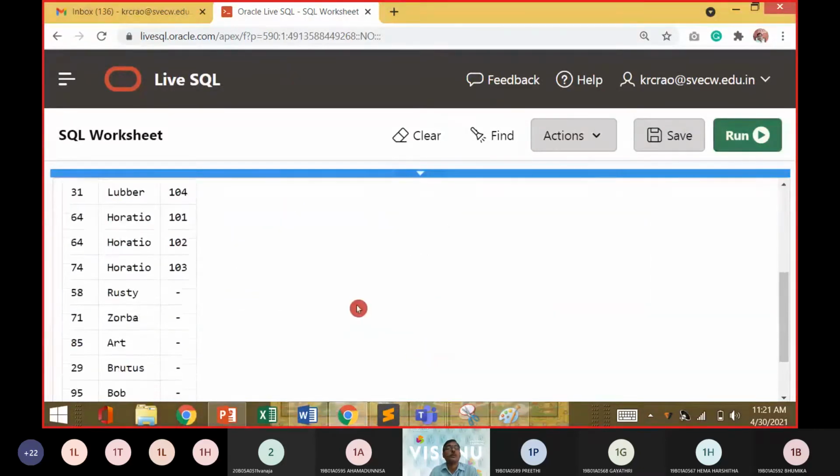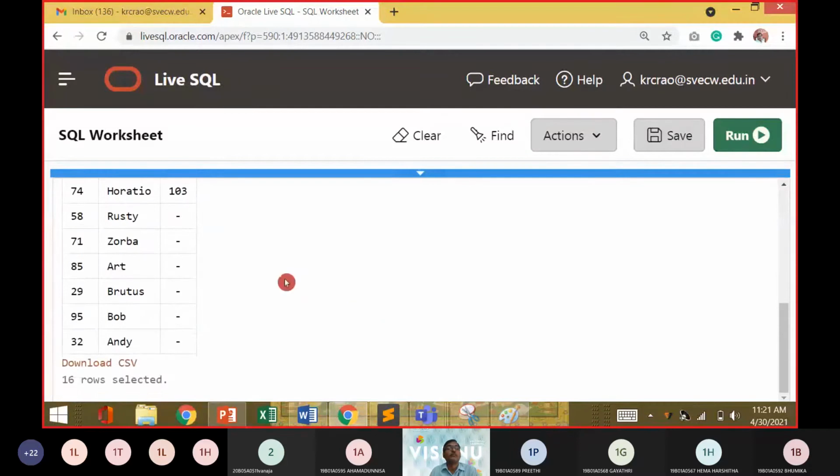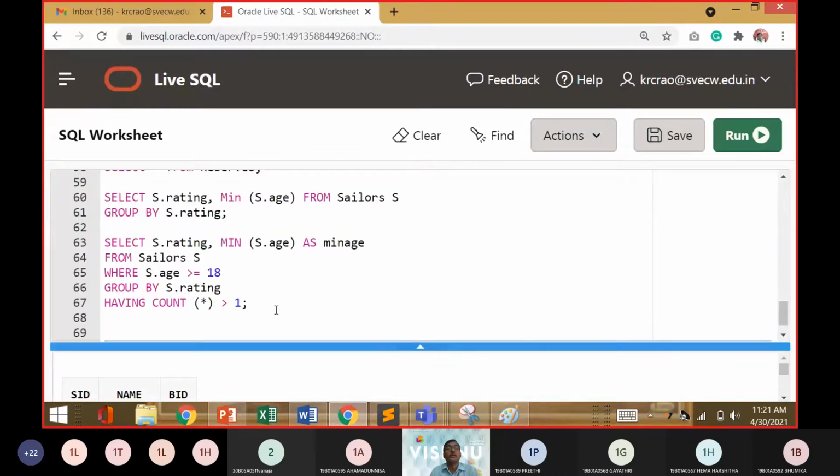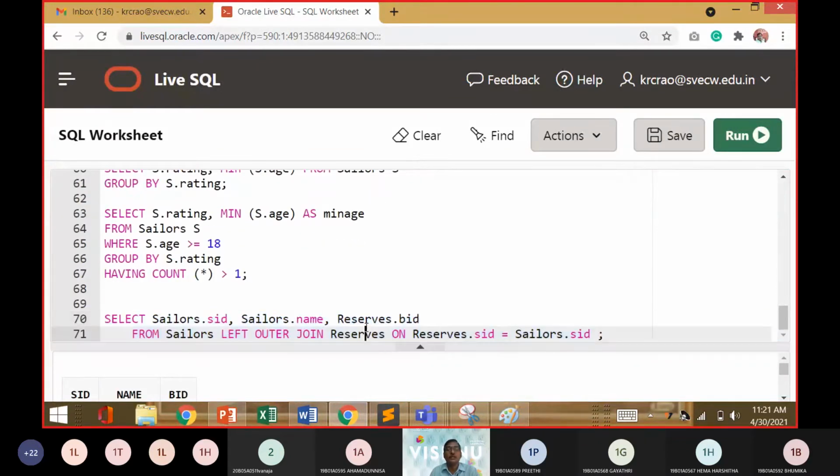Now we can see 58, 71, 85, 29, 95 and 32. These IDs exist in the Sailors records, but they do not exist in the Reserves records.